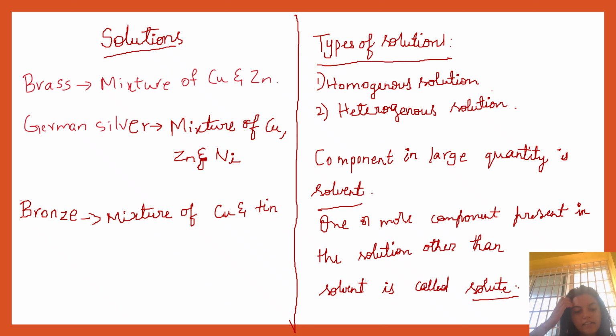For this, examples are given in the textbook. If solute is gas and solvent is gas, a mixture of oxygen and nitrogen gas is an example. Likewise for liquid in gas, solid in gas, and liquid in liquid, examples are also given in the textbook. You can refer to it.